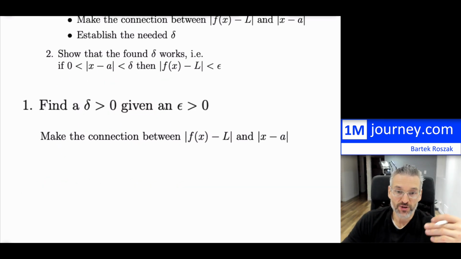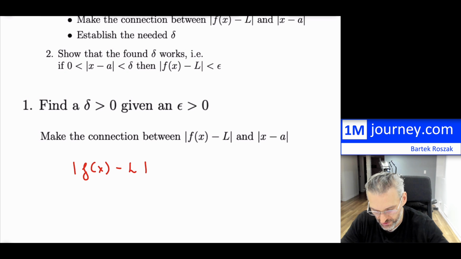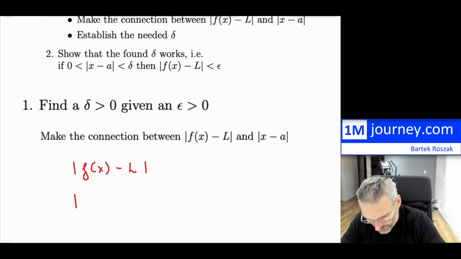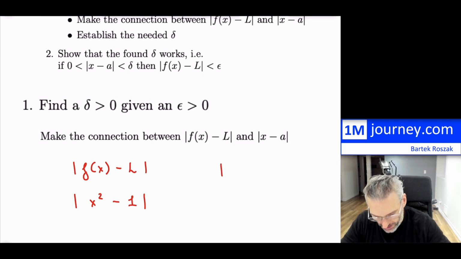Now in your connection, this is just in general, you take this and substitute in your function. In our case, our function is x squared minus the limit, which turns out to be 1. And then you're comparing it to this right here, which is your x minus a.